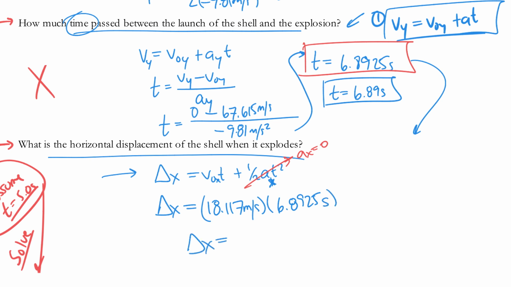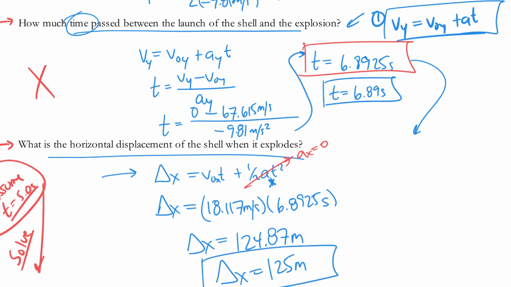If we multiply those two, we get 125 meters. So the delta x is 125 meters.